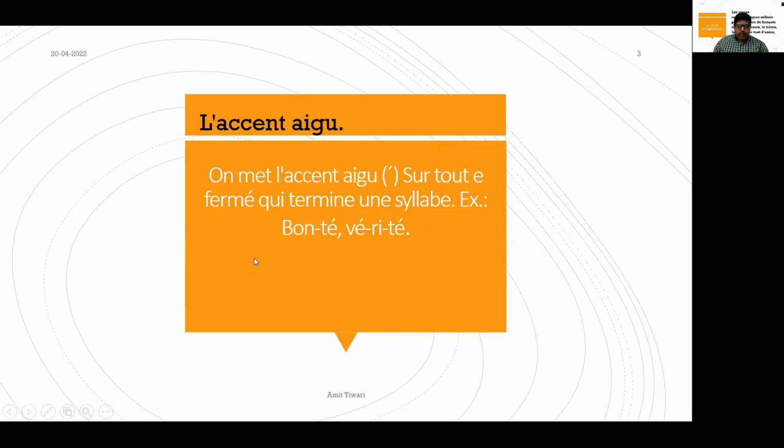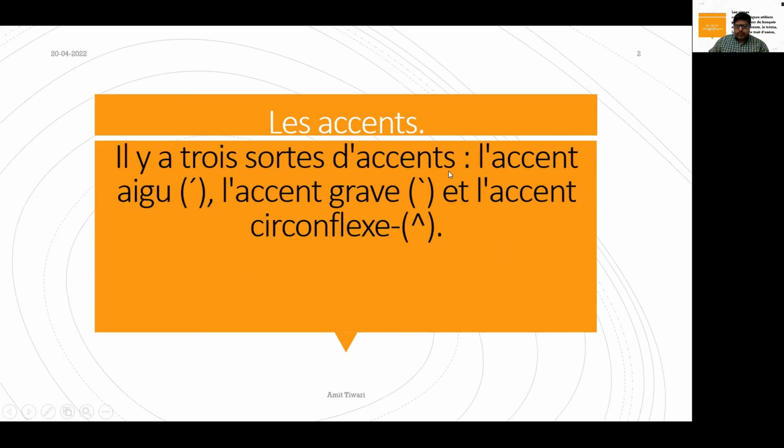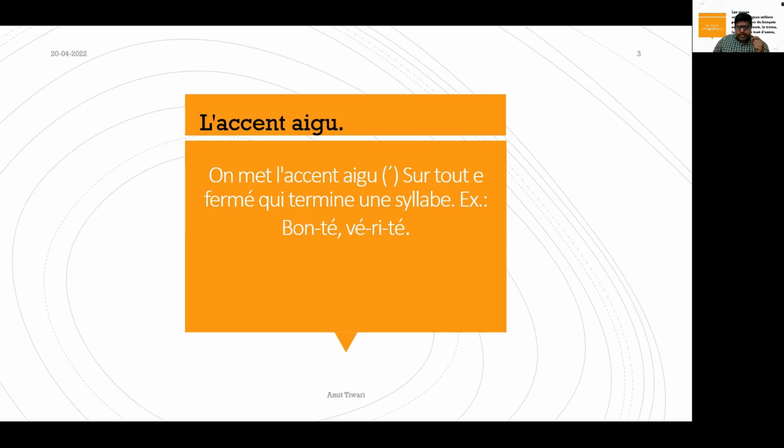L'accent aigu is used on the letter E in the language of French. It is a tilted hyphen-like mark, as in bonté. On the E you can easily visualize there is a proper sign called l'accent aigu.